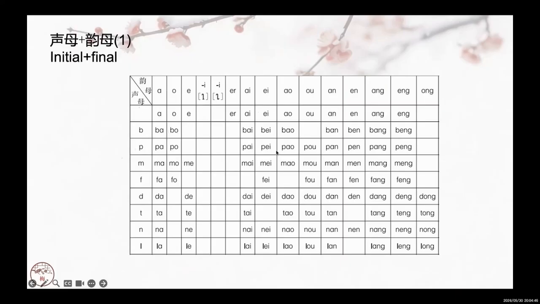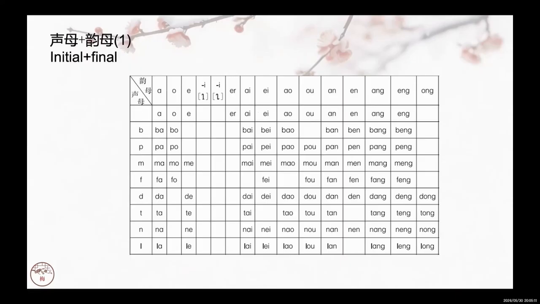We can pick some to practice. Actually, I think it would not be difficult to speak out these syllables because we are all very familiar with the alphabet letters, right?